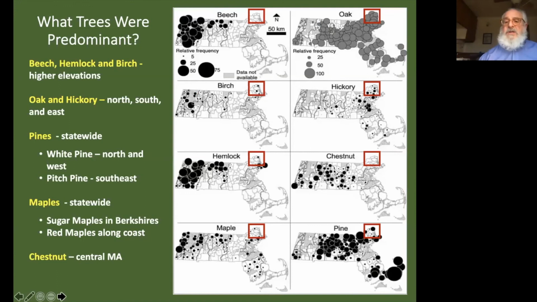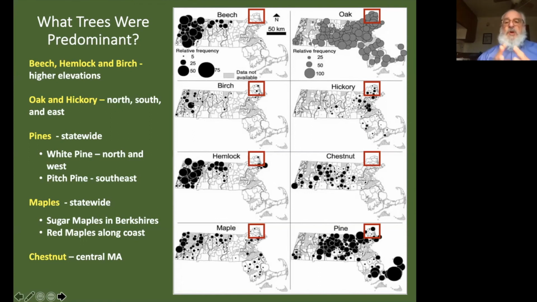Well, you might ask what trees were actually the most common, the predominant trees in this pre-colonial era. And obviously the records are sparse. This has been cobbled together by a lot of researchers, presumably people going for their PhDs and otherwise. They looked at surveyor records and whatever was around in the early days that talked about the trees that were present, at least in the colonial era.